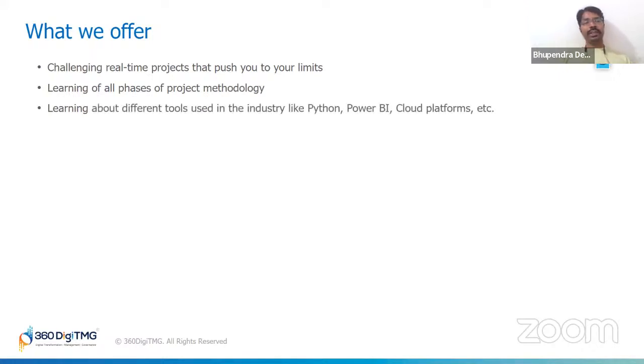Of course, we'll learn about different tools used in industry like Python, Power BI, Cloud Platform, etc. And of course, you'll be working on research papers that are published in international journals. Yes, our research papers are published in international journals, and our students get their papers published before they have the job in hand.